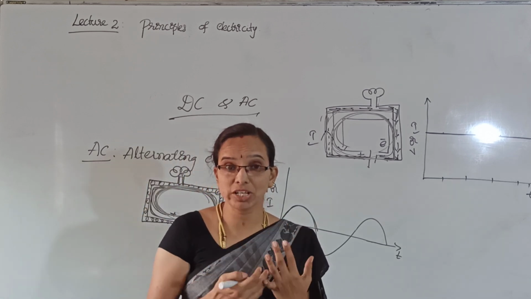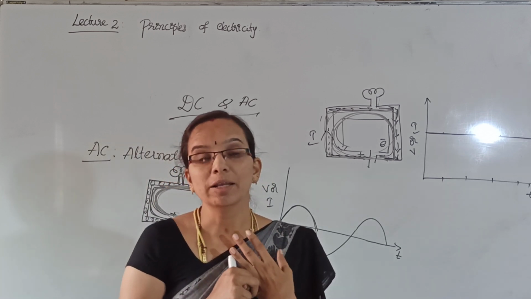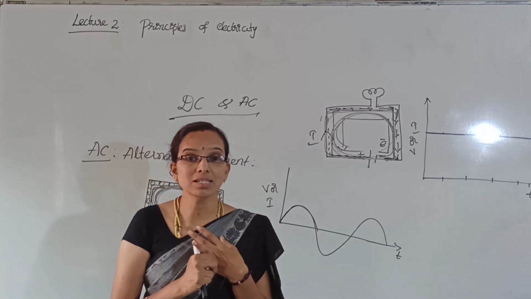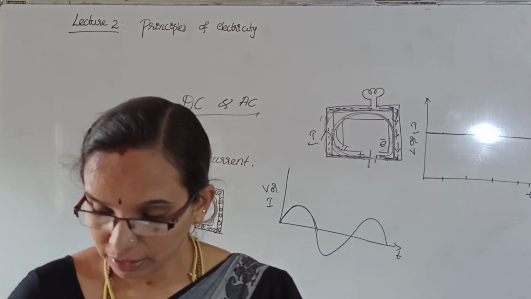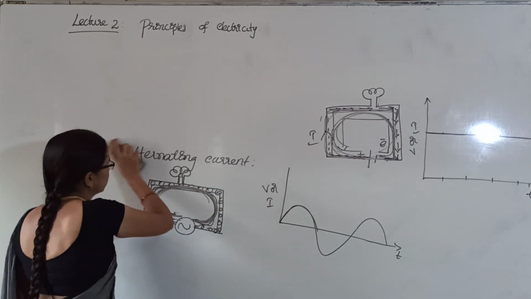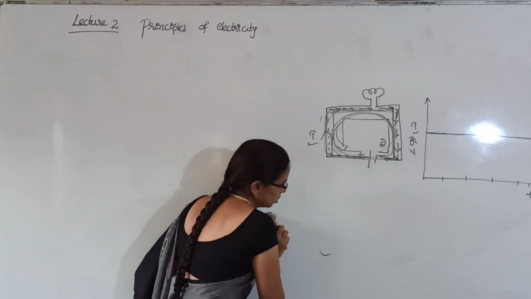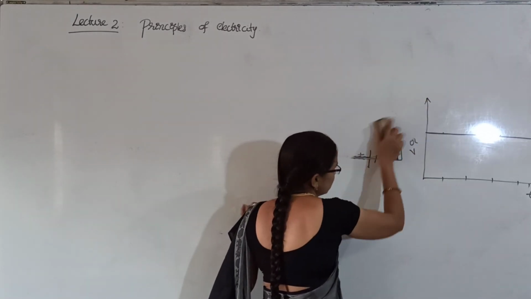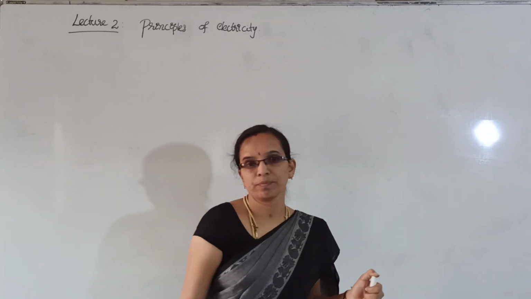So the current which changes its direction and magnitude continuously and periodically with time is known as AC current. Okay. In our house, from KEB lines we get AC, not DC.